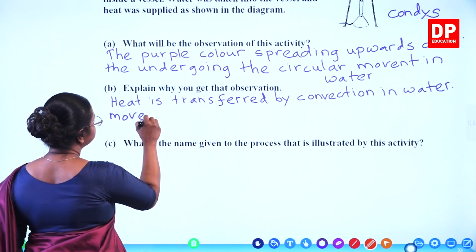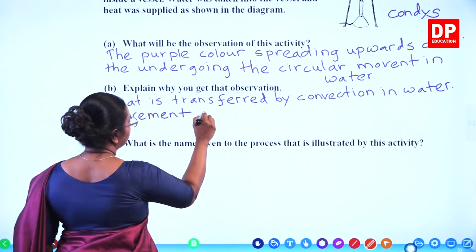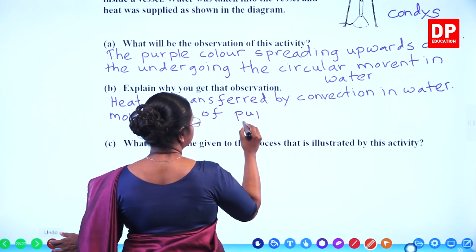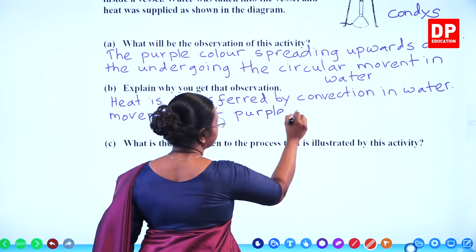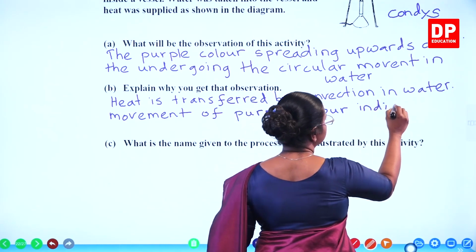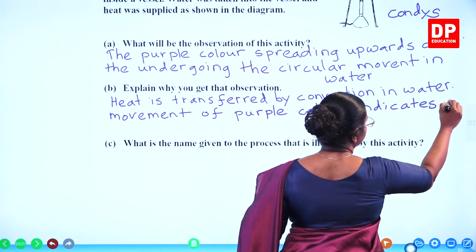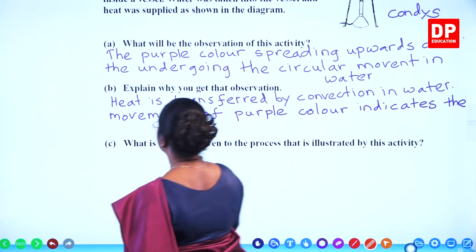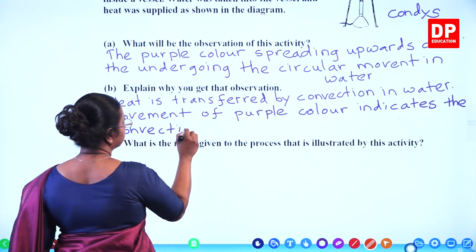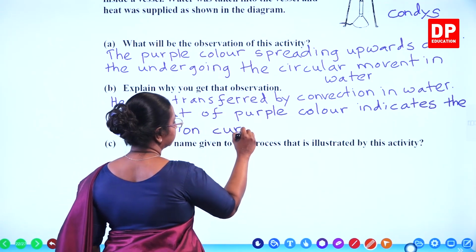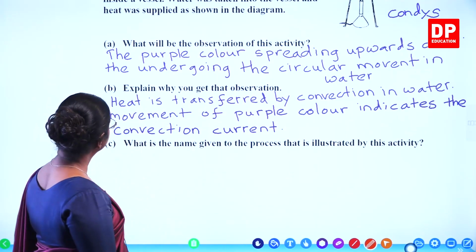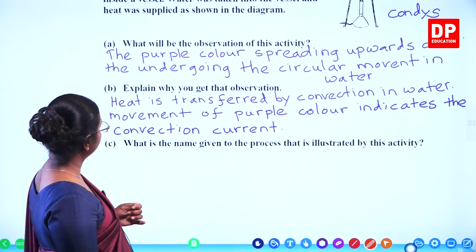Movement of purple color. Purple color indicates the convection current. So explain why you get the observation. Heat is transferred by convection in water.